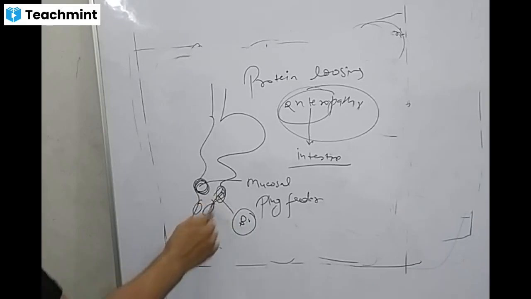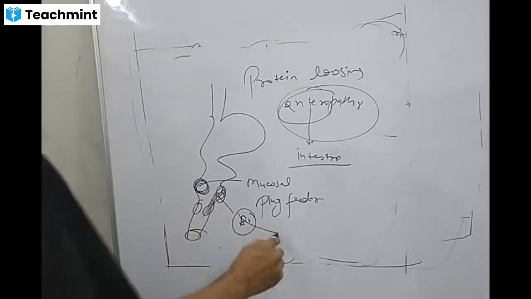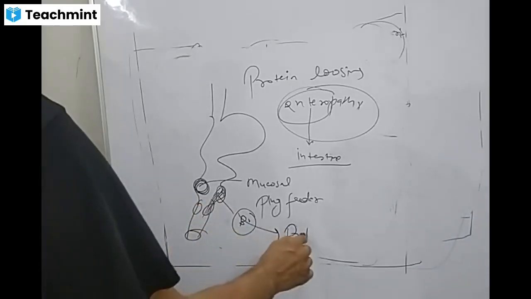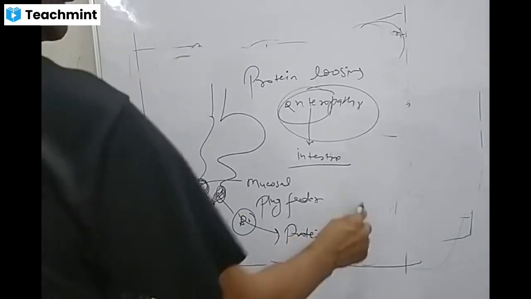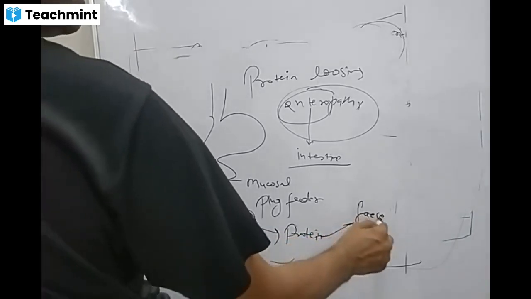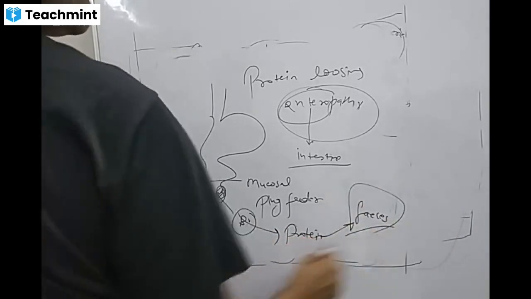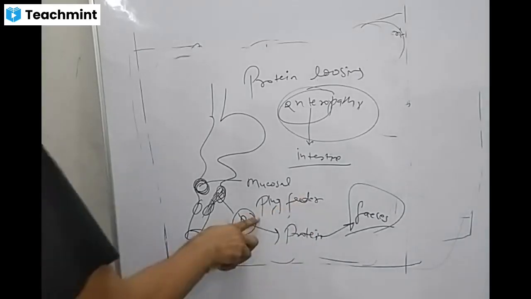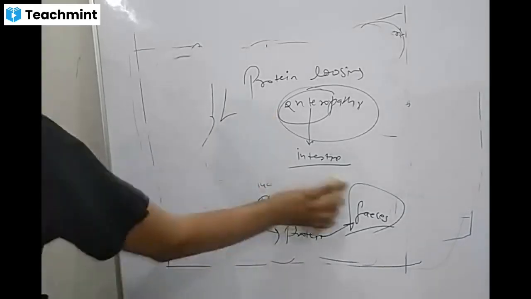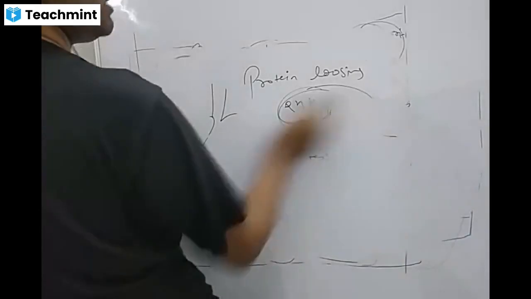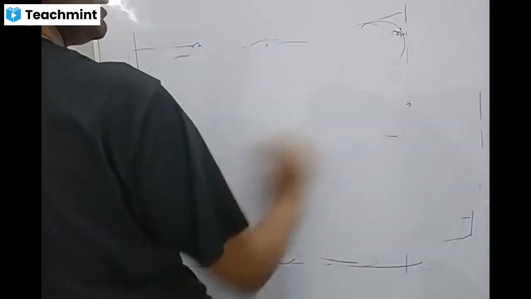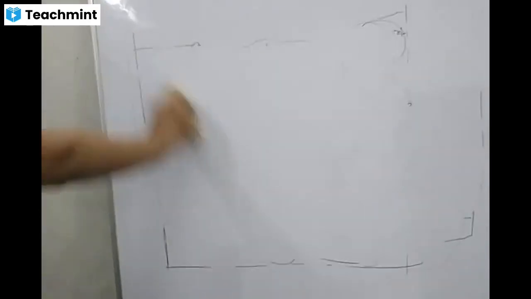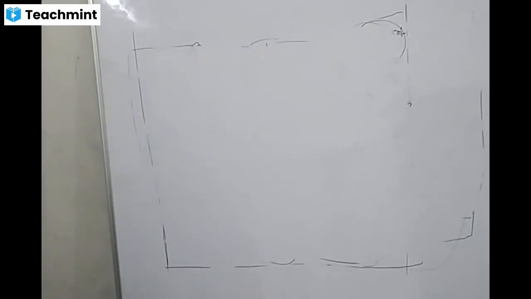And because of this capillary damage, more of the protein you will lose in the feces. That is related with your amphistome. Because of this plug feeding habit, that may damage the capillaries, and because of that, you lose the proteins through the intestine, called enteropathy.